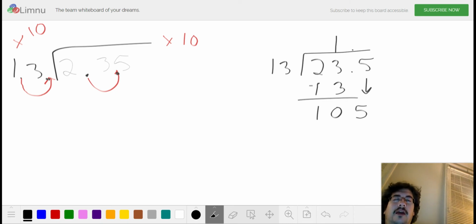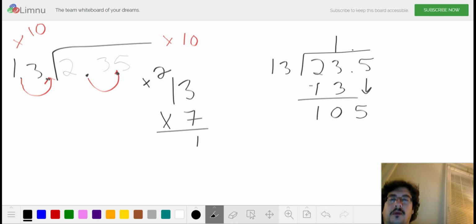So I'm going to guess 13 goes in 105 7 times. Let's see if that works. I'm going to multiply my 7 and 3 and get 21, carry my 2. And then I'm going to add that to the product of 7 and 1, which gives me 9. And I get 91. That's sort of close, but let's see if I can get closer. So I'm going to multiply 13 by 8.